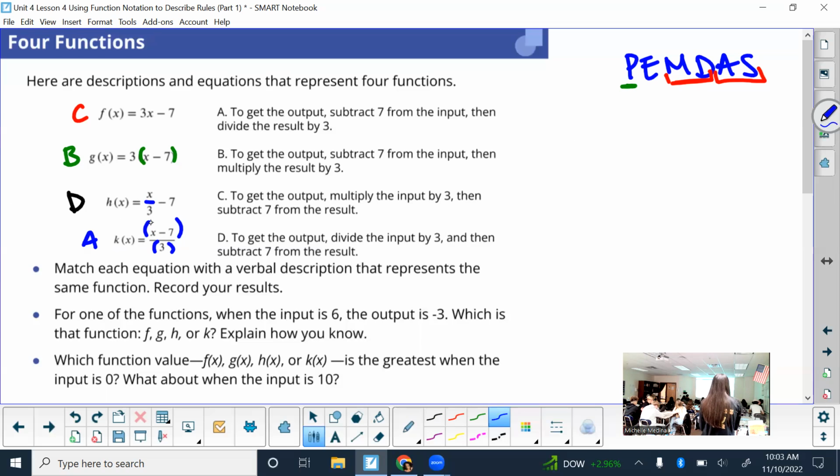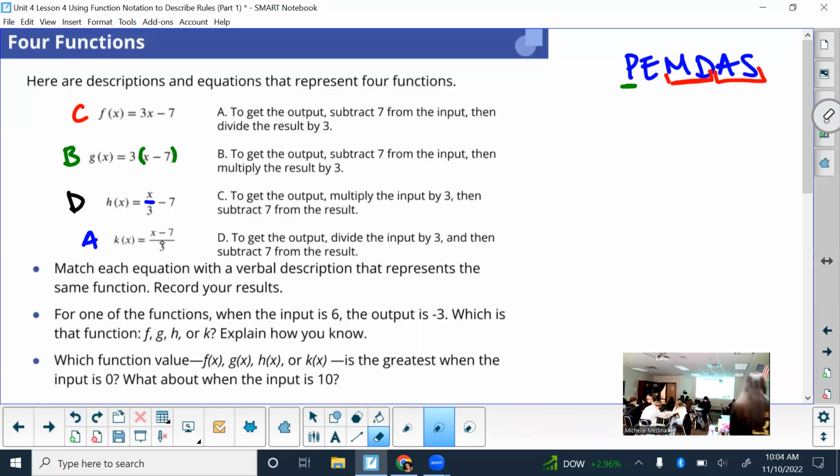If you want to picture there being parentheses, that's basically what it's telling you to do when it's in fraction form. In h of x, there's nothing to work out in the numerator or the denominator, so you divide and then subtract like normal. But down here, you need to work these out completely before dividing. So questions on this exercise?